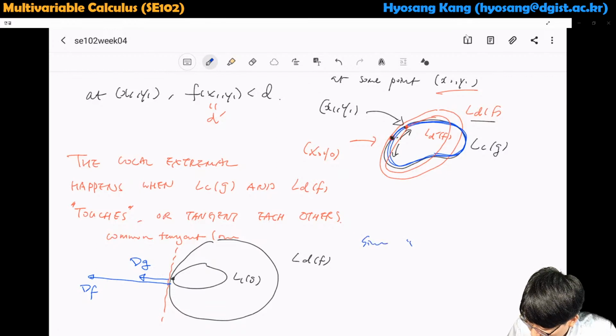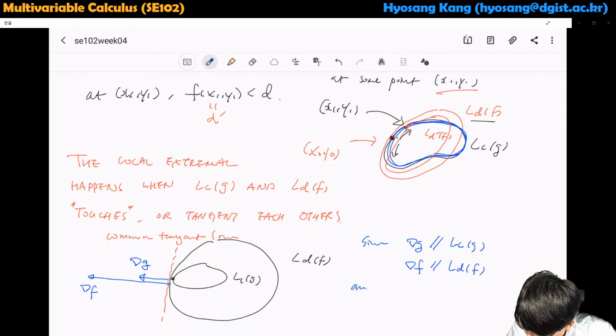Since del G is perpendicular to LCG, and gradient F is also perpendicular to LDF, and LCG and LCF are parallel. So this symbol means parallel.